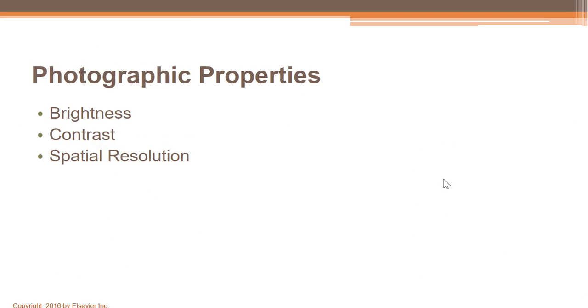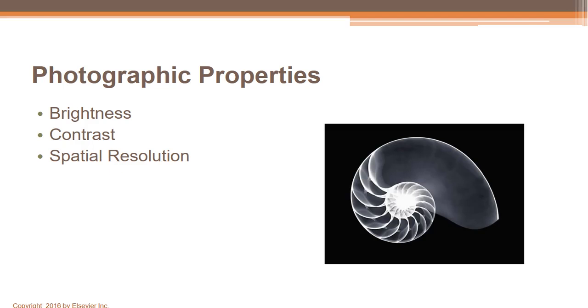So now let's go to photographic properties. A radiograph that has optimal radiographic brightness, contrast, and spatial resolution has very good photographic properties. Now, this is an X-ray of a shell, and why is this nice? It's bright enough that we can see the denser part of the shell.